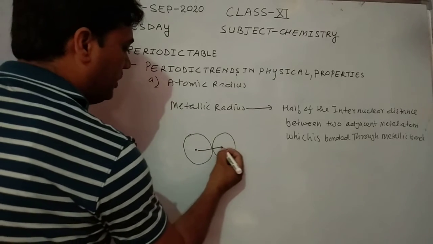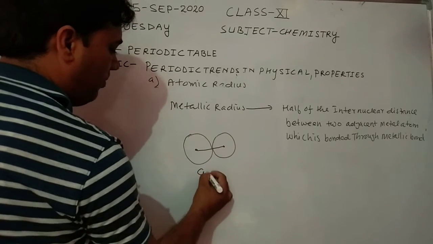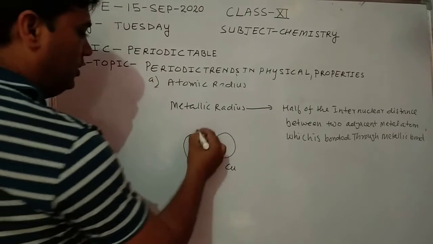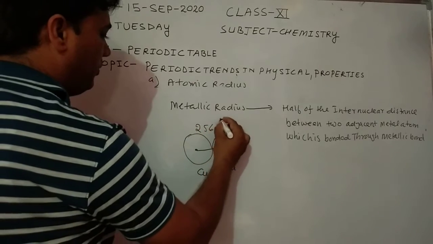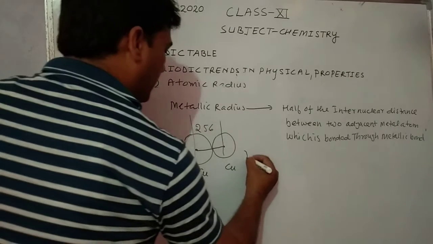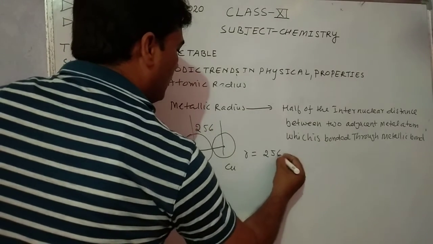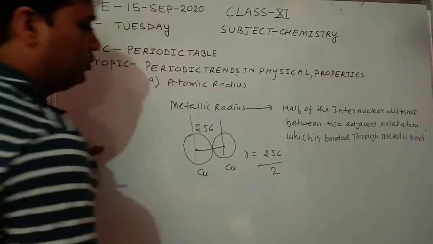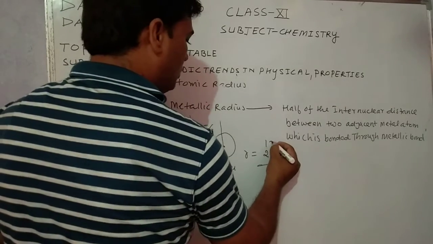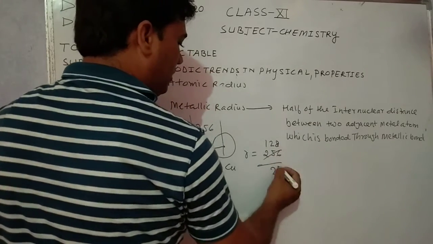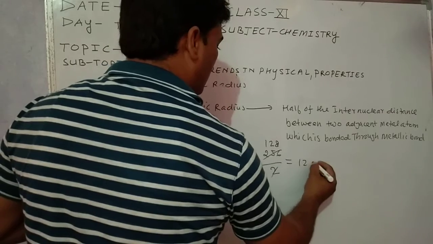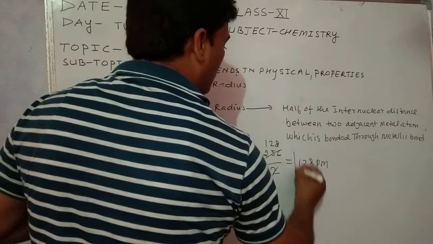So the internuclear distance between copper atom 1 and copper atom 2 is 256 picometer. So the radius of copper is equal to 256 divided by 2, which is equal to 128 picometer.